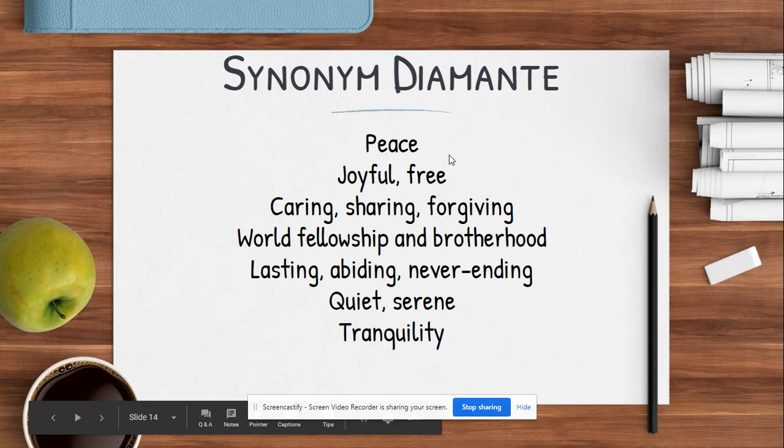So peace, joyful, free, those are my adjectives. Caring, sharing, forgiving. Those are my action verbs. World, fellowship, and brotherhood. So there's my 4 words that describe it. Lasting, abiding, never ending. Those are verbs.